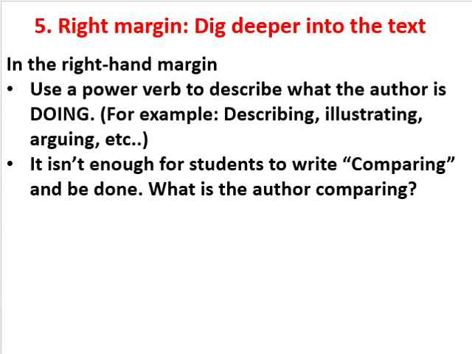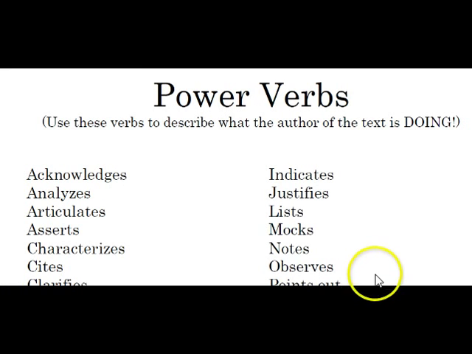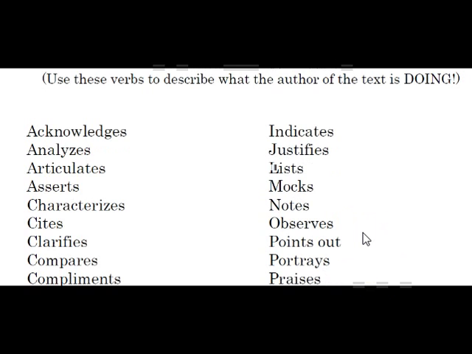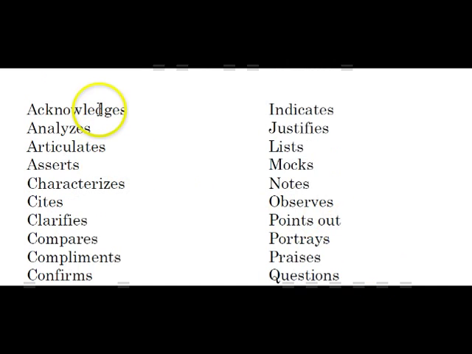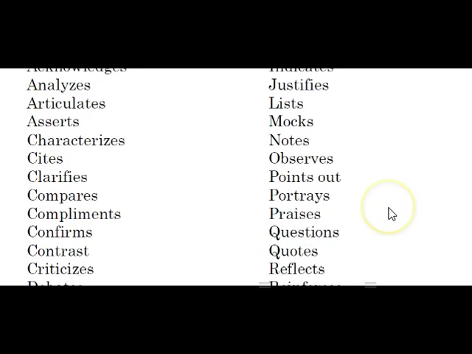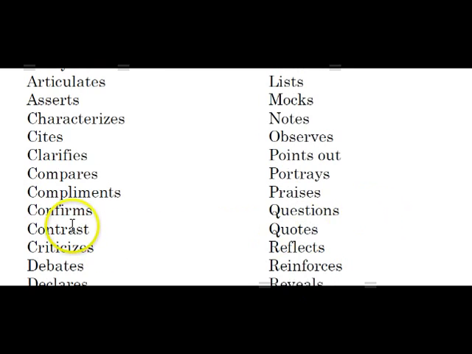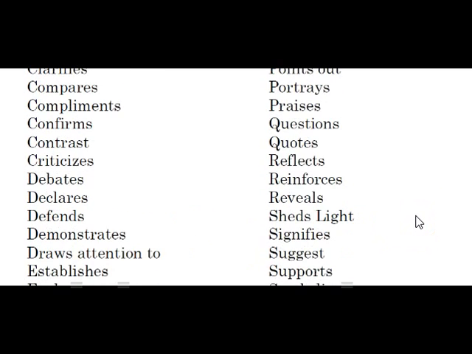Here are some examples of power verbs. So maybe perhaps the author acknowledges a certain point or characterizes someone a certain way or points something out or questions. Maybe there's a contrast or a reflection or a debate.